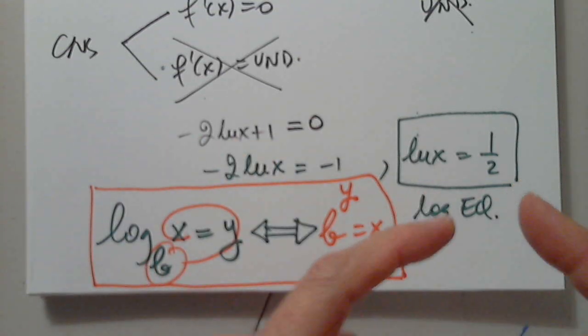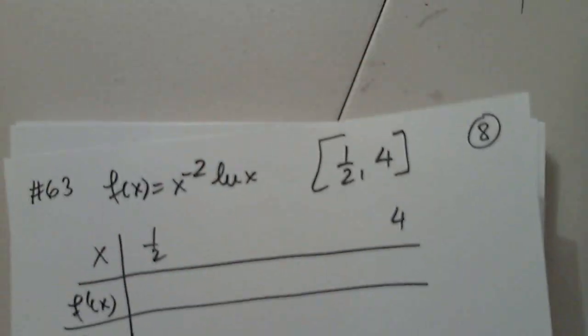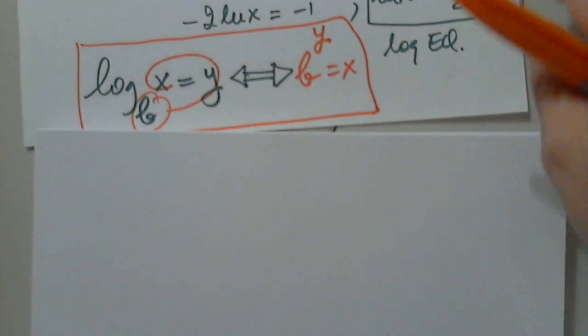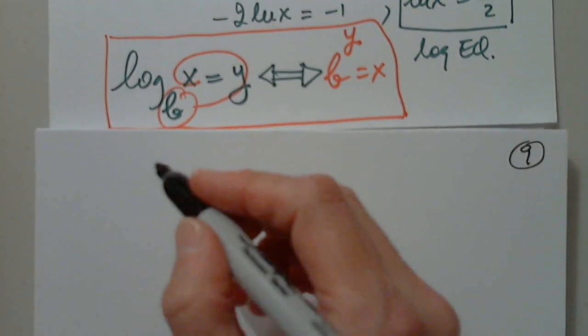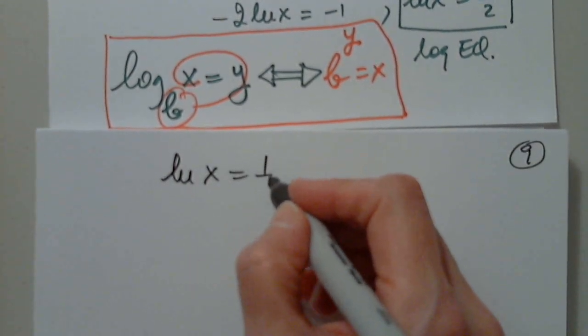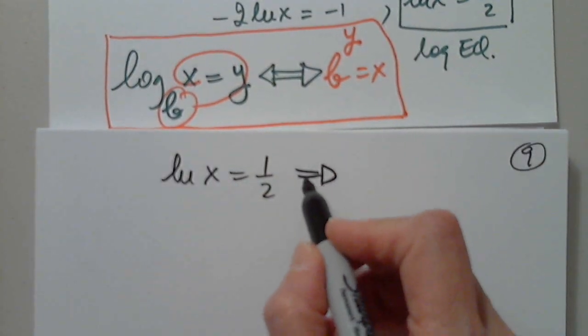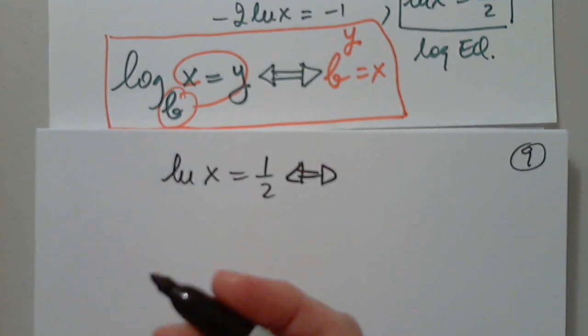So coming back here, how do I solve this equation? Can anyone tell us how to write it based on what you see here? So the equation is natural log x equals 1/2. This is equivalent to, first of all, what is the base on natural log? I don't see any base.